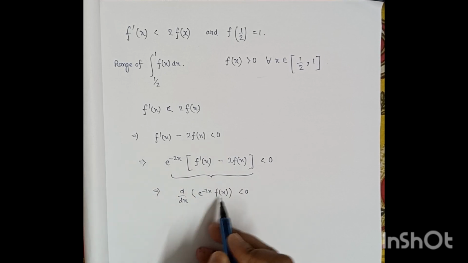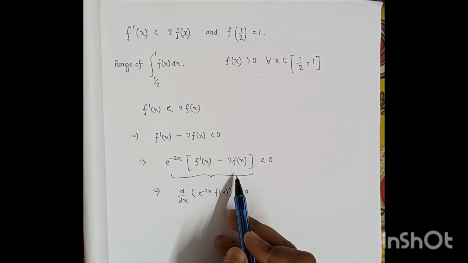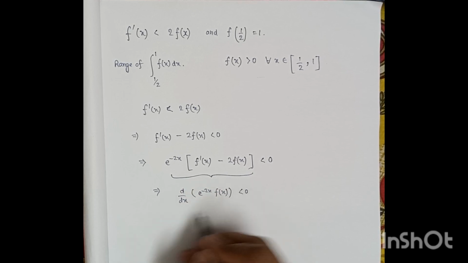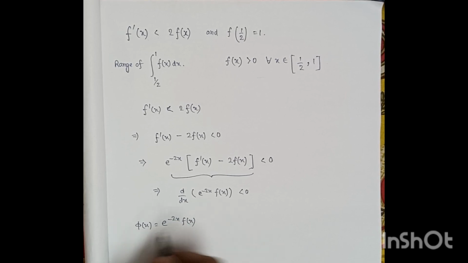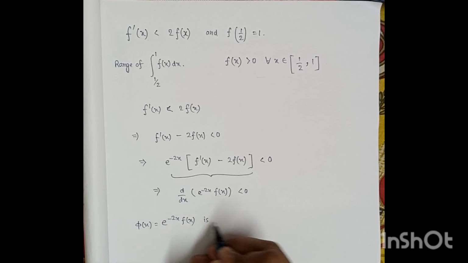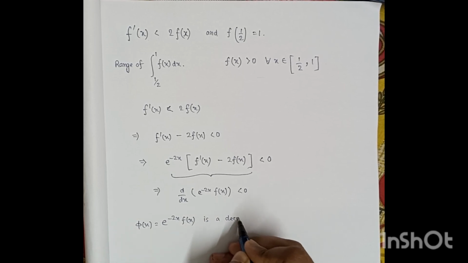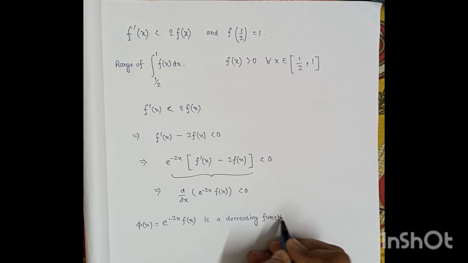You can see directly by this relation that if we differentiate this function inside this bracket, we are getting this. So we can say that e to the power minus 2x times f(x), let us denote this as phi(x). Now this phi(x) is a decreasing function.